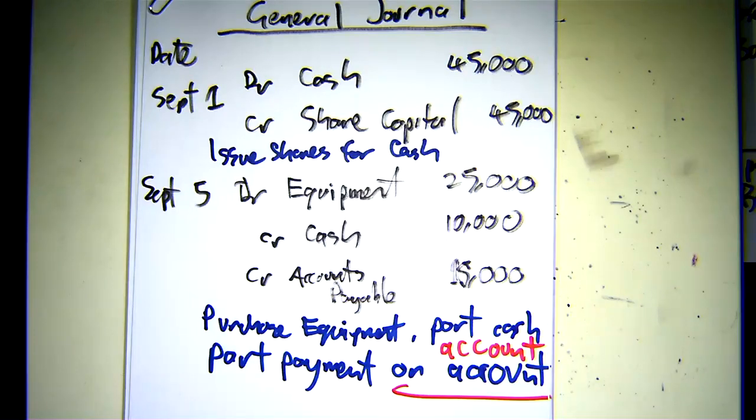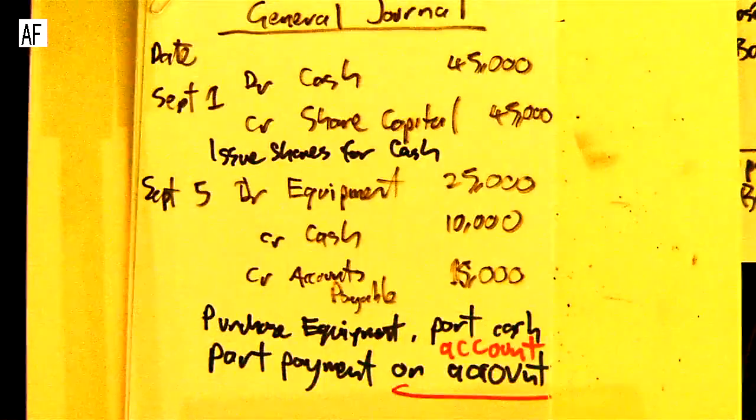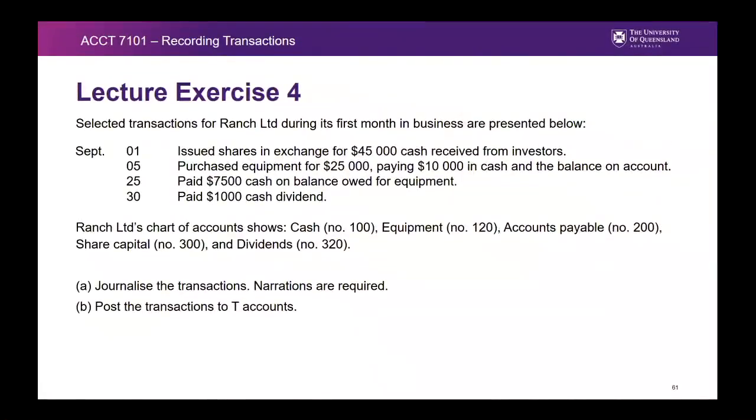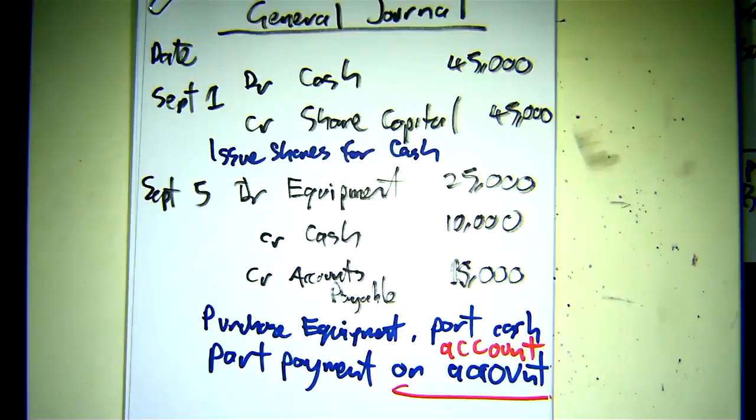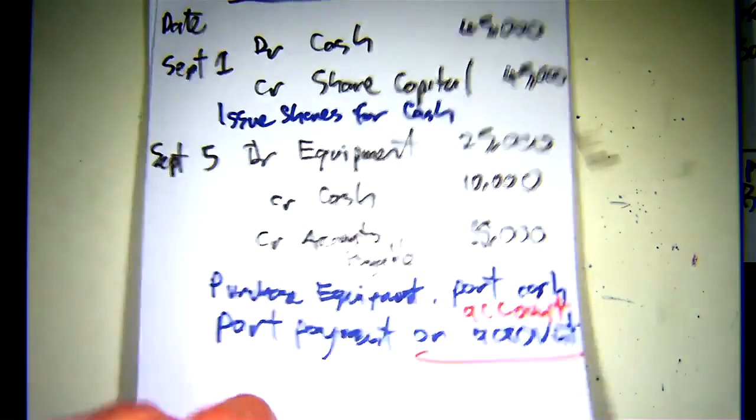Yes, no. So the next transaction, rather, was we paid $7,500 cash, balance owed for the equipment. So we paid off a bit more of the equipment.